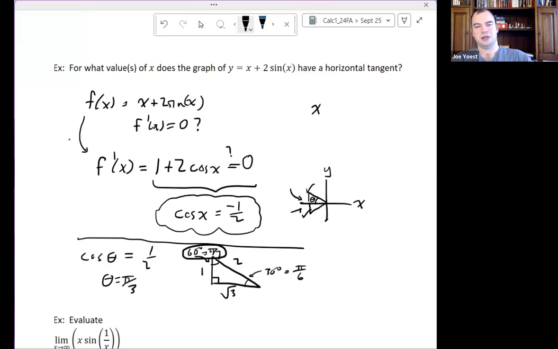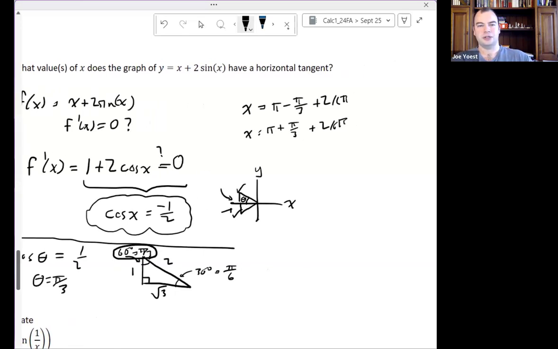So my answers are x equals pi minus pi over 3, and x equals pi plus pi over 3, and then plus 2k pi. Or if I simplify that down, I guess I used x in two places here. One is in the angle and one was on the xy axis. So call this one x tilde or something.